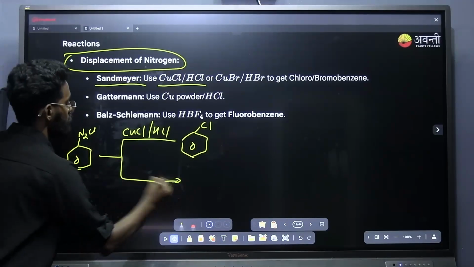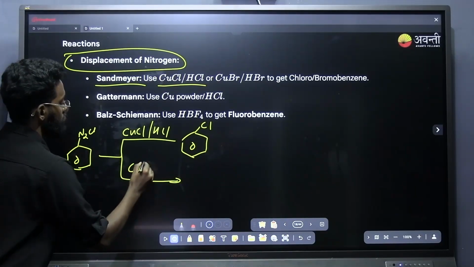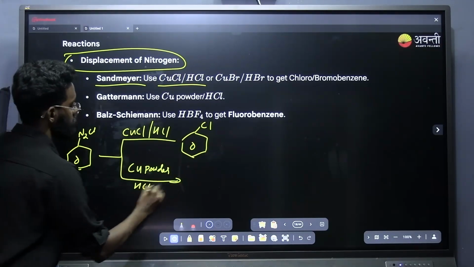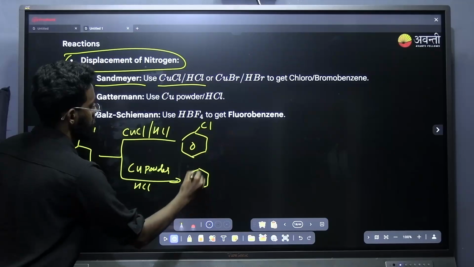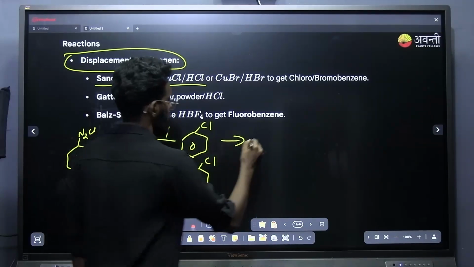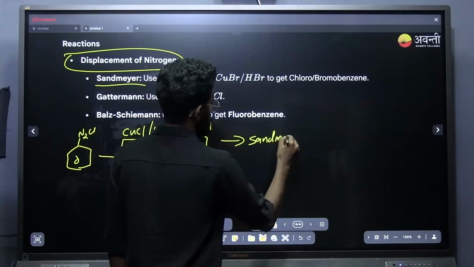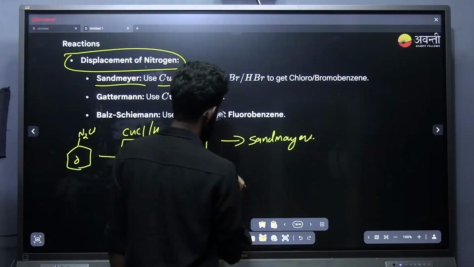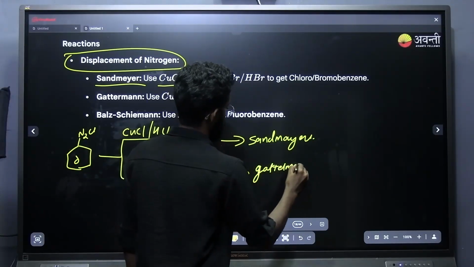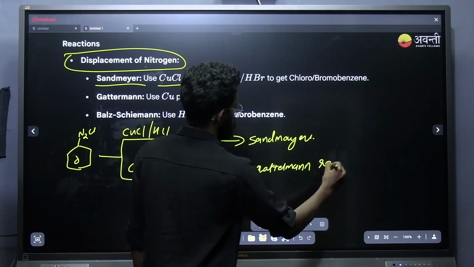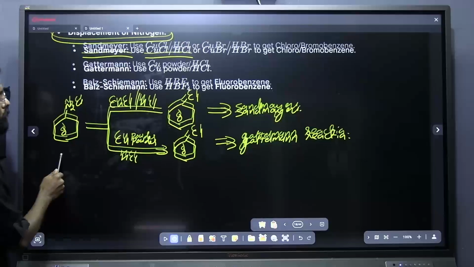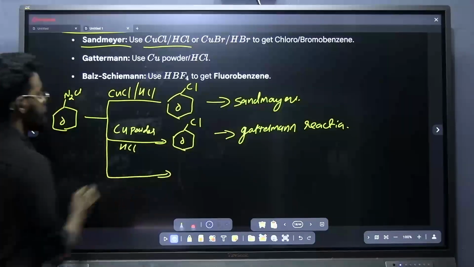Instead of that, if I am using copper powder in the presence of HCl, I will again be getting chlorobenzene. These are two different reactions. The first one is the Sandmeyer reaction. The second one is the Gattermann reaction.